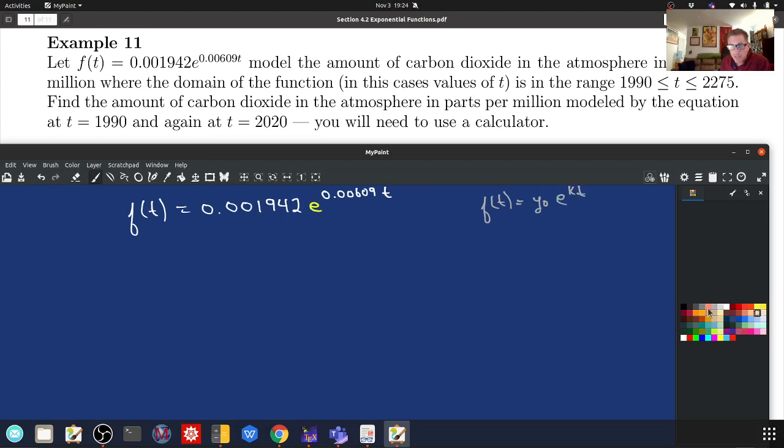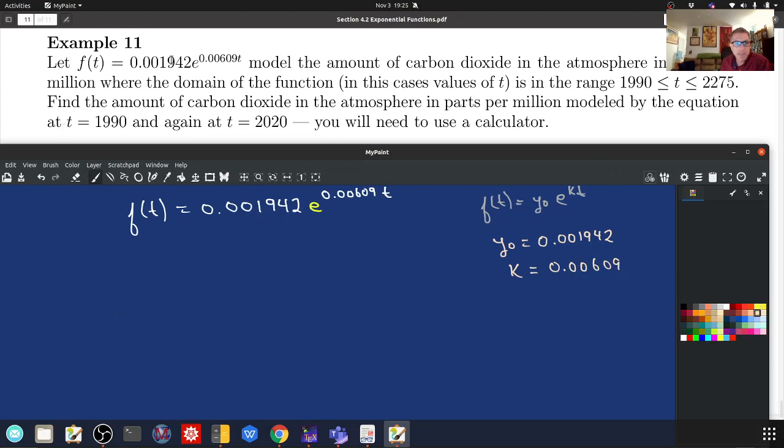So in this case, my y naught is equal to 0.001942, and my k value is equal to 0.00609.